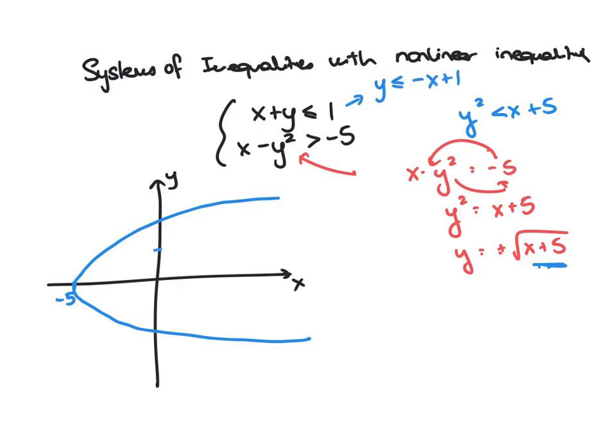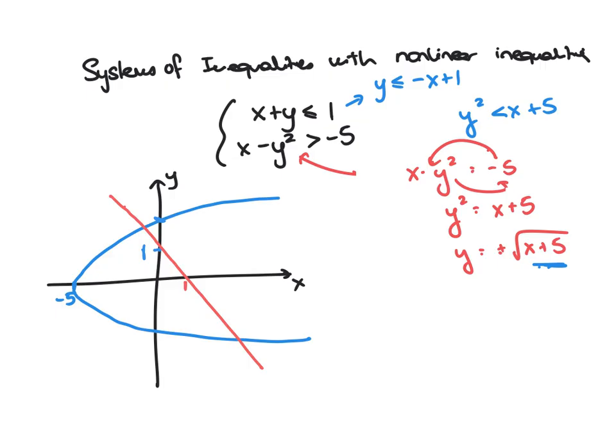Over here I have 1. Noting, of course, that root 5, which is what this point would be, is bigger than 1. Then I have a line with a slope of minus 1, so the line I'm drawing would be like this.